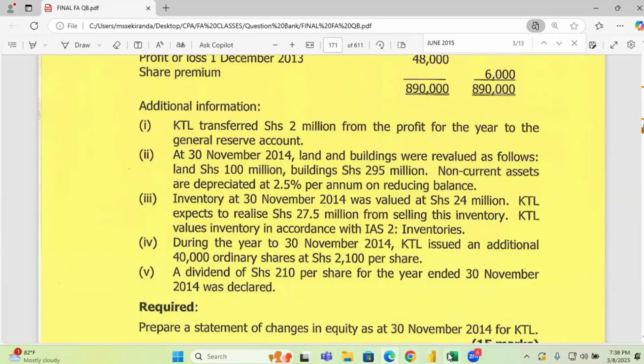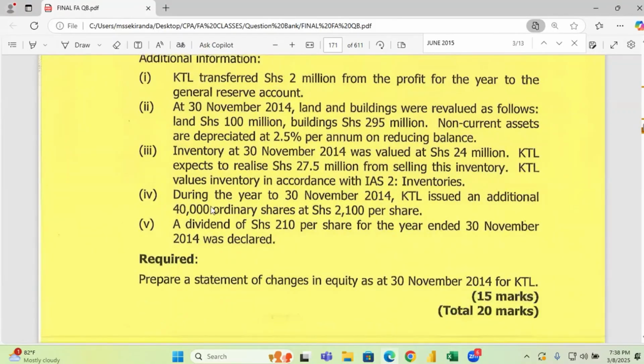Therefore, we shall skip it, but we shall use it when we are computing the profit or loss for the year, under cost of sales, because we need closing inventory under cost of sales. So we shall use it when computing profit or loss for the year to be taken to retained earnings. But for the sake of components of equity, it does not affect it directly. So we skip it for now, okay?